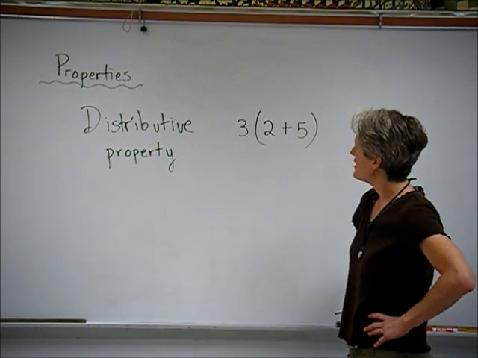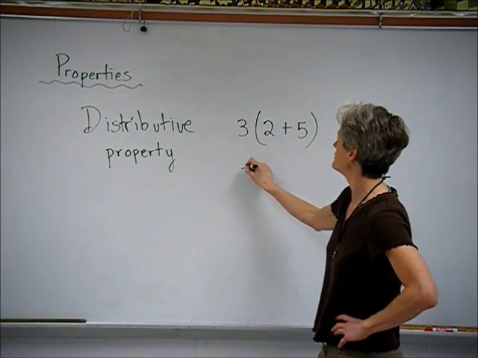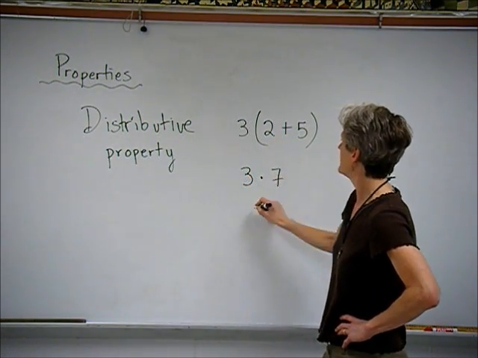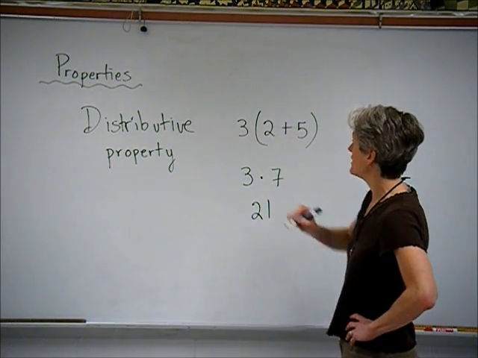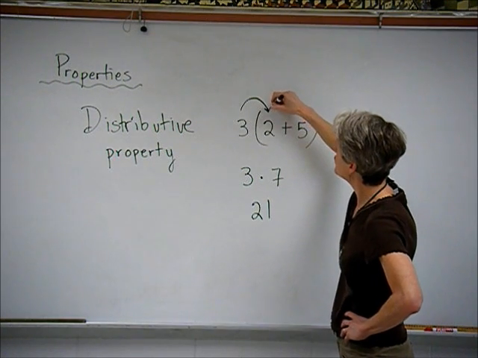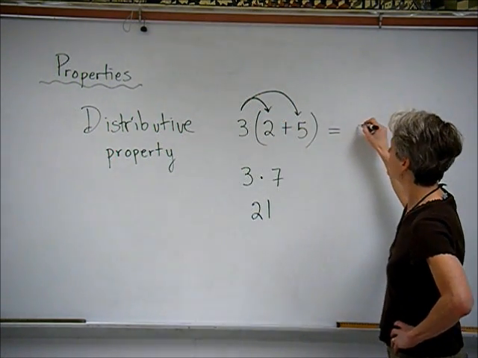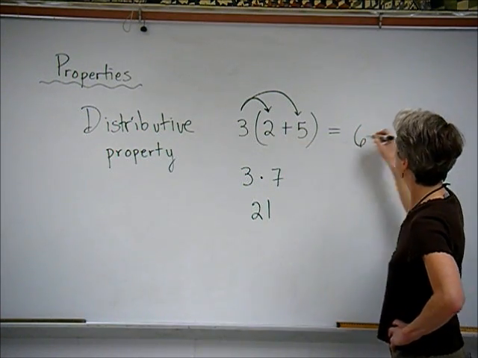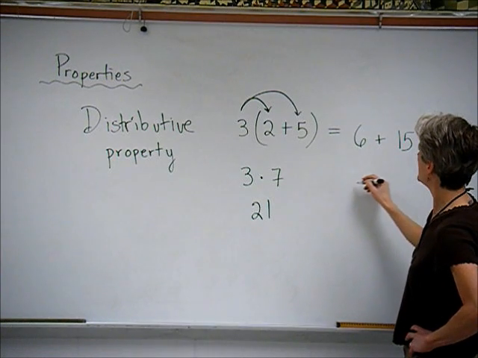Now, if I had this, you know what I would do? I would just say, oh, let's do 2 plus 5. That's 7. That's 21. But the distributive property says, hey, if you want, you could say, that's 3 times 2, which is 6, plus 3 times 5, which is 15.